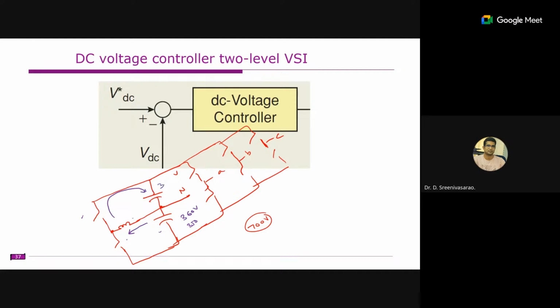Again, the upper capacitor voltage is recovered to 350 volts, and we turn off both switches. So this is how we can maintain the charge, or balance the capacitor voltage, by using some external circuits.